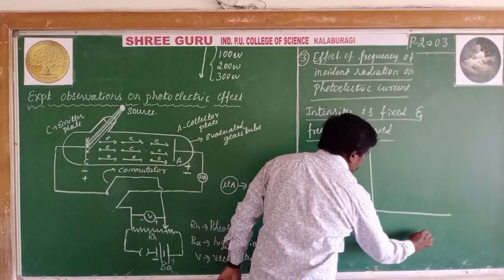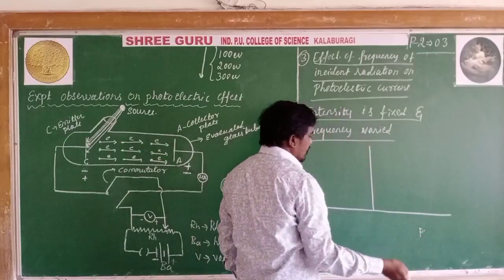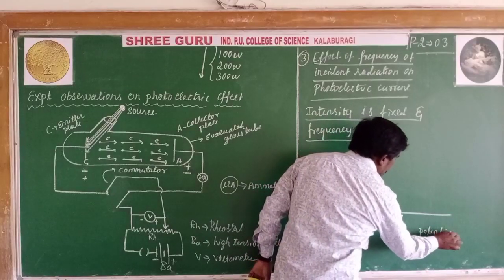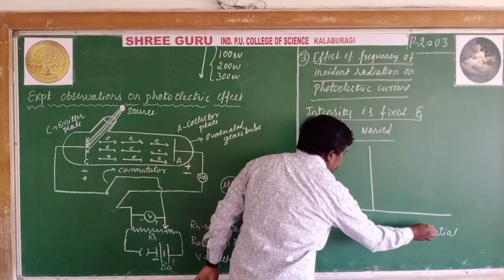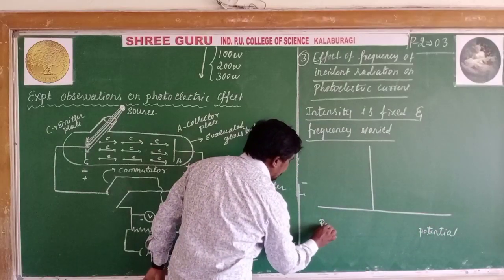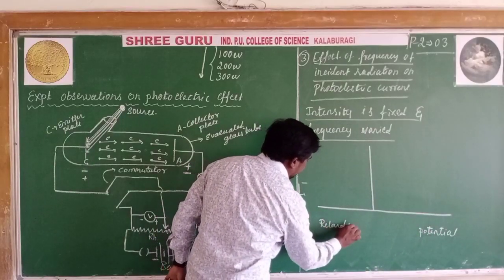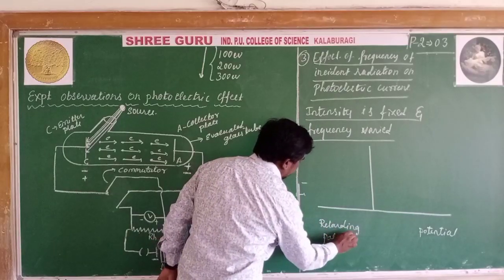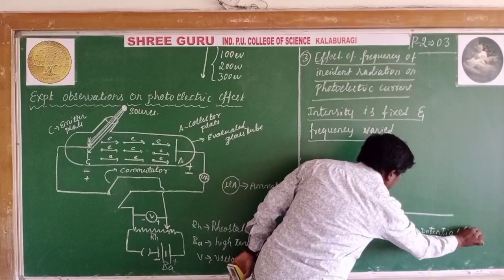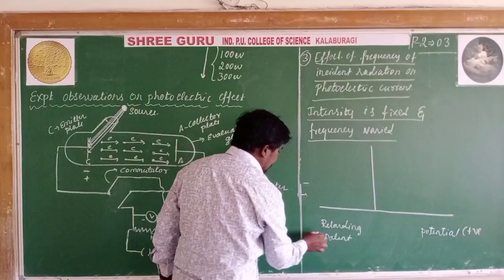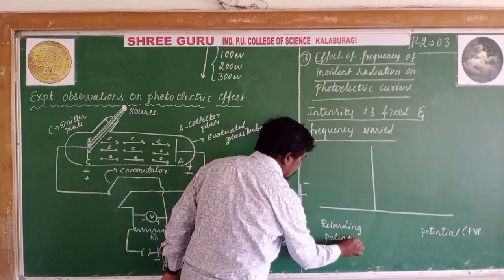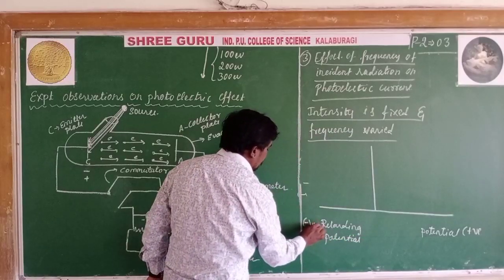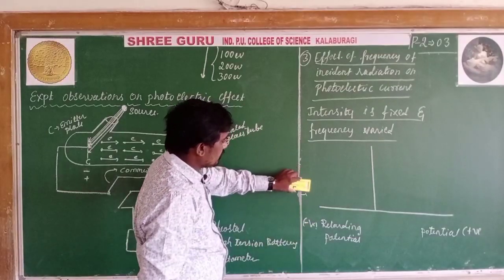Here we consider the potential only. This is positive potential, this is retarding potential, or the potential on the collector plate, and this is negative potential on the collector plate also.